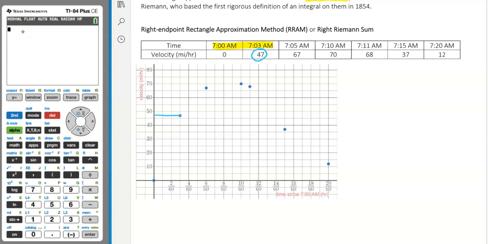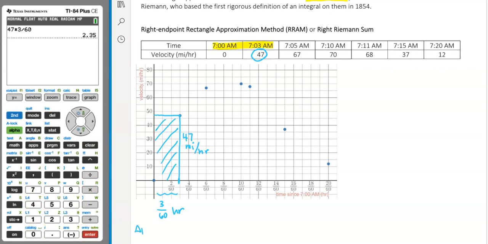And that will make the approximation for the change in position on this interval equal to the area of this rectangle. So we need to multiply the height of this rectangle, which is 47 miles per hour, by its width, which is 3/60ths of an hour.